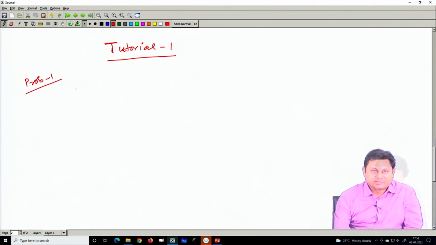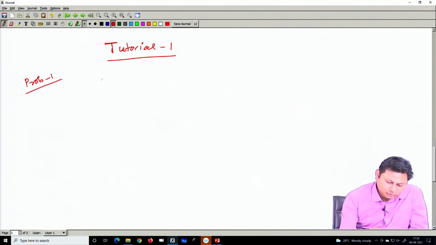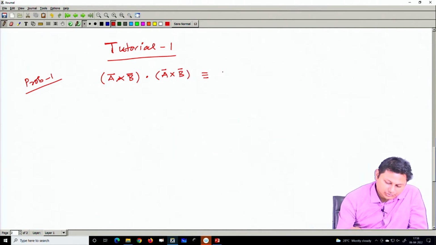So, problem 1 is this. Show that (A cross B) dot (A cross B) is equal to A square B square minus (A dot B) square.